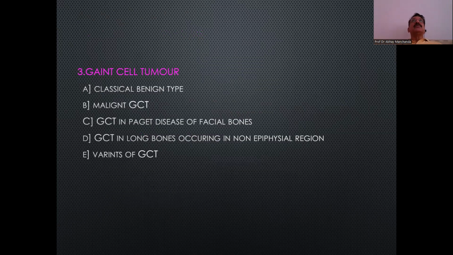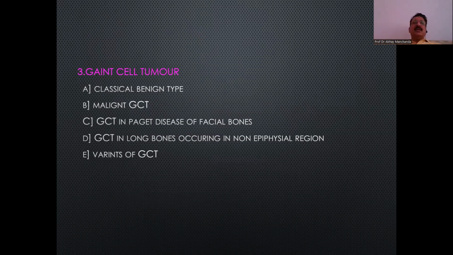Now, there can be tumors that form with multiple giant cells, which are called giant cell tumors. This tumor was also earlier called osteoclastoma, but now they are called giant cell tumors.